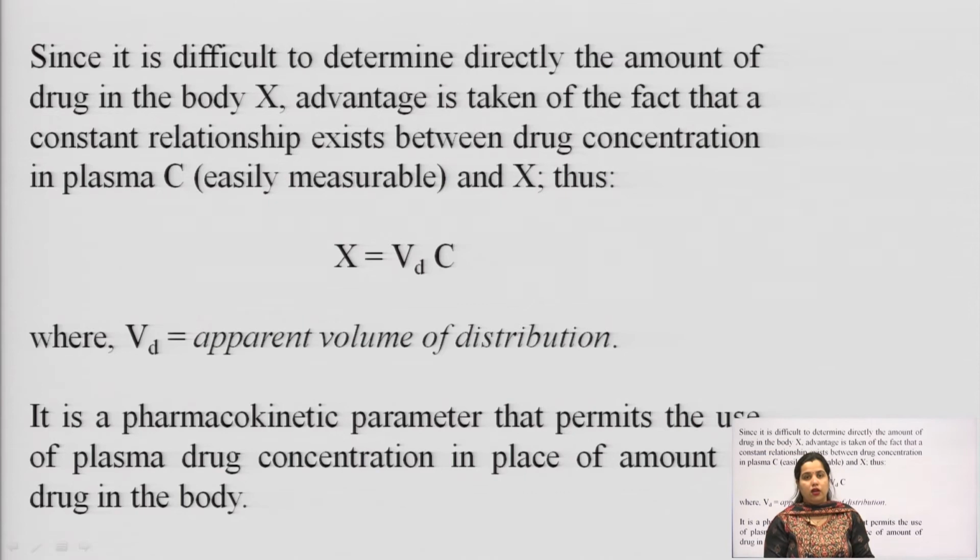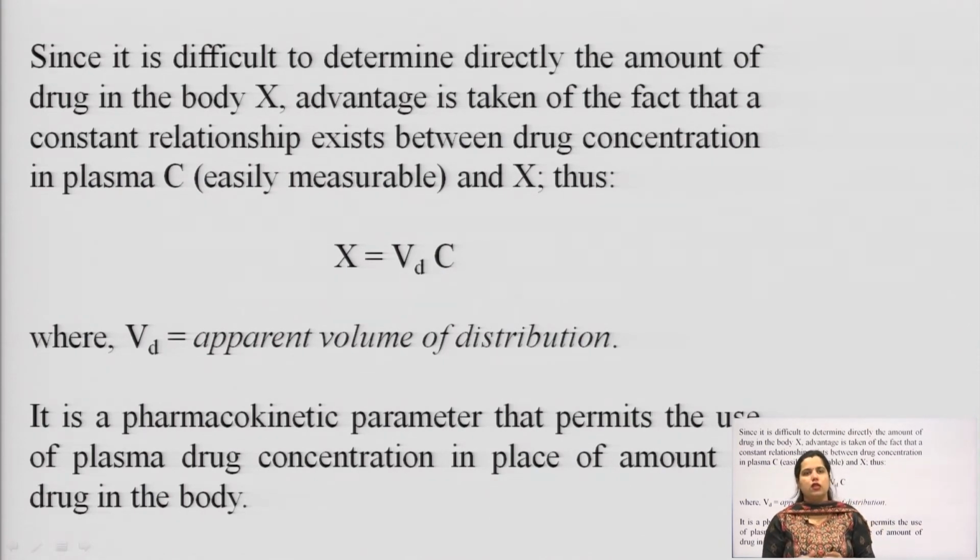So we establish a relationship of the drug with its plasma concentration and the presence in the body in terms of volume of distribution. Vd is the apparent volume of distribution, a pharmacokinetic parameter that permits the use of plasma drug concentration in place of the amount of drug in the body.